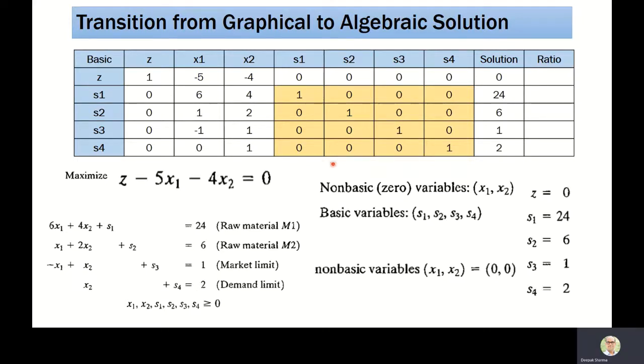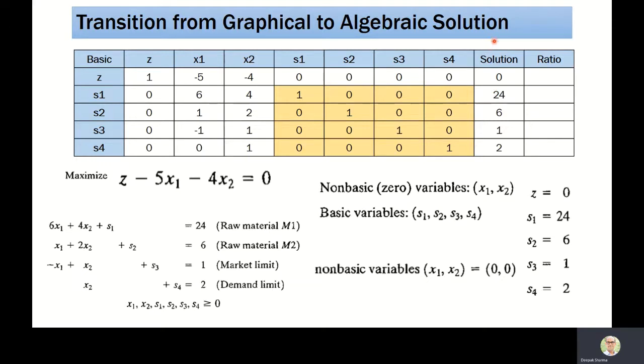Now, since we have identified that S1, S2, S3 and S4 are going to be the basic variables, X1 and X2 will become non-basic, so their value will become 0. By putting X1 and X2 as 0, I can find the values of S1, S2, S3 and S4, which are 24, 6, 1 and 2. Can I find the same values in the table?